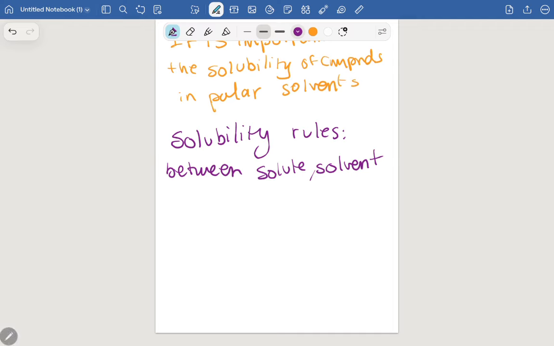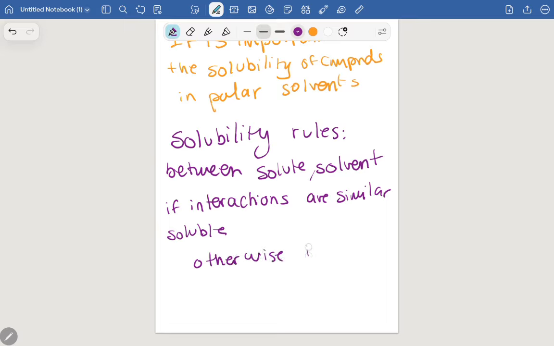If they're different, then it's insoluble, okay? And of course, the stronger the interaction, the higher the solubility.